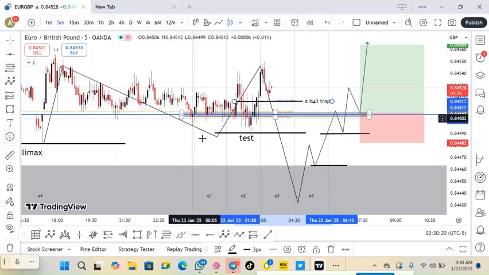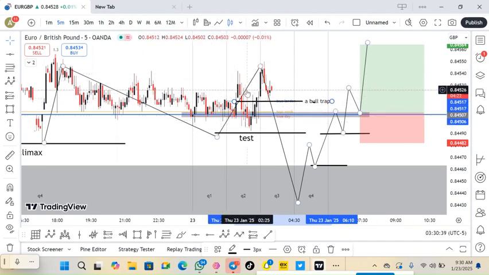This is the area where the SMC traders, the ICT traders, missed it. At this test area, they're already looking for FVG here, taking the retest and the FVG around here.